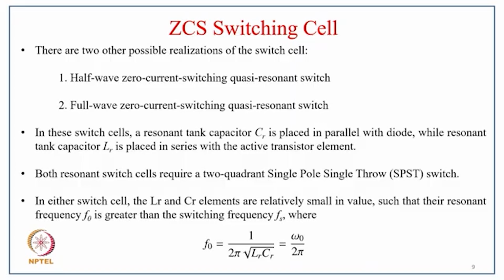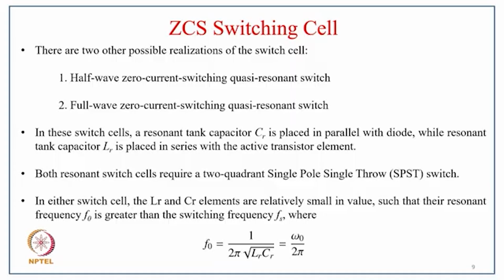So there are two types of possible realization of the zero current switching cell: the half wave zero current switching quasi-resonant switch, and the full wave zero current switching quasi-resonant switch. So in this switch cell, the resonant tank capacitor CR is placed in parallel with the diode, while the resonant tank LR is placed in series with the active transistor element.